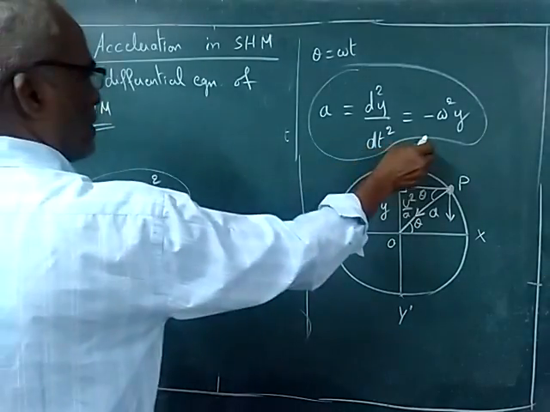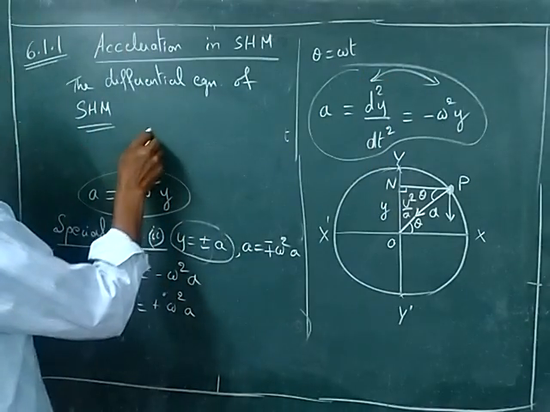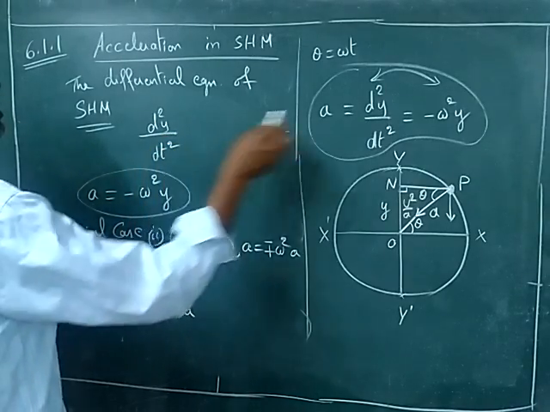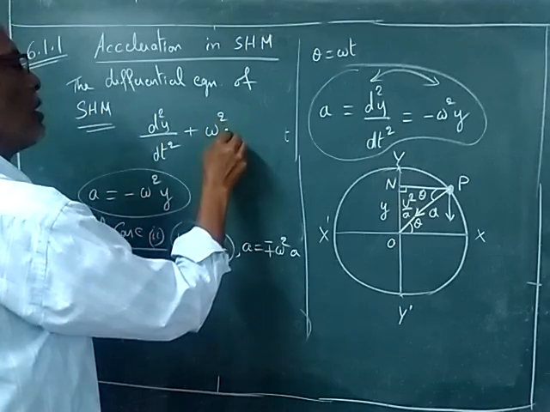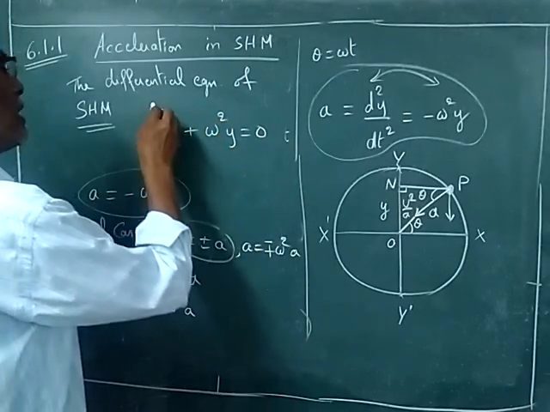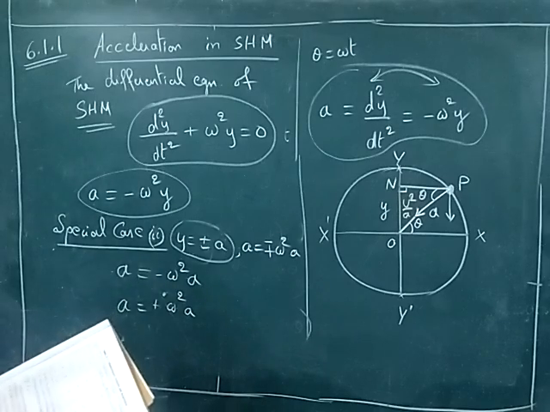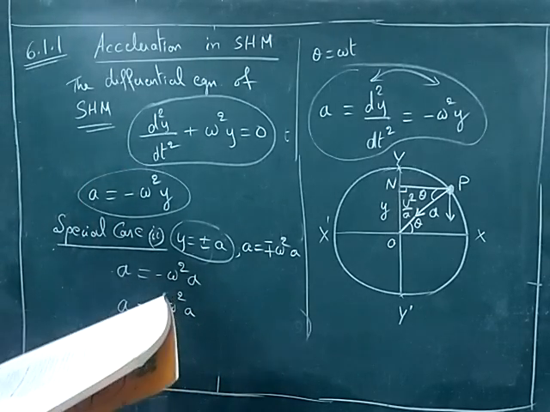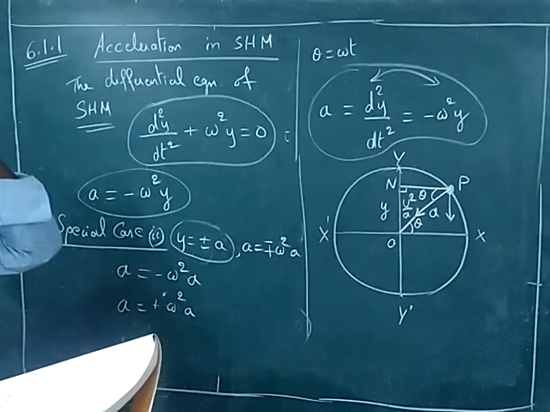From this equation we can write straight away, combining these two, d square y by dt square, this minus term will come this side, plus omega square y is equal to 0. Right hand side is equal to 0. So this is the equation of simple harmonic motion in the differential format.